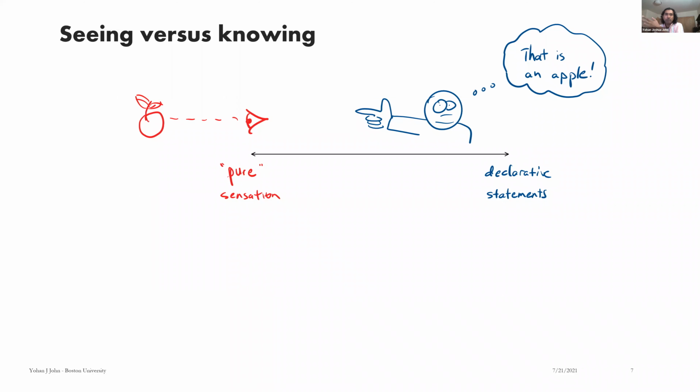And then through some processing, it can be parallel, it can be distributed, hierarchical, heterarchical. You get to something called declarative statements, propositions, such as I see an apple. So when you ask what someone sees, you typically have to work with those declarative statements and sometimes other kinds of behaviors to infer what people see.